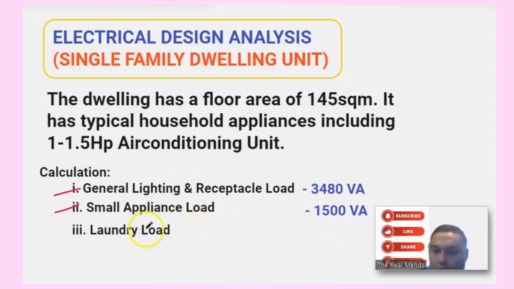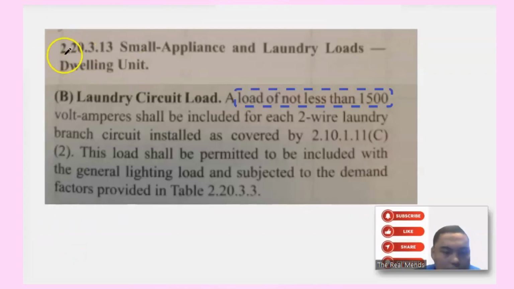Again, for the laundry load, so let's look again on the PEC from 2.20.3.13 for small appliance and laundry loads for dwelling unit under letter B. So for laundry circuit load, a load of not less than 1,500 volt amperes shall be calculated for its 2-wire laundry branch circuit.